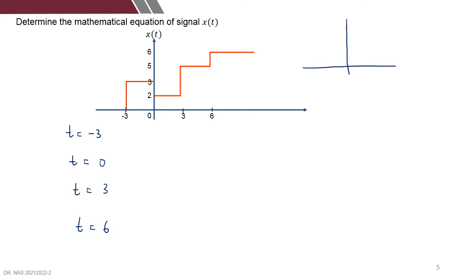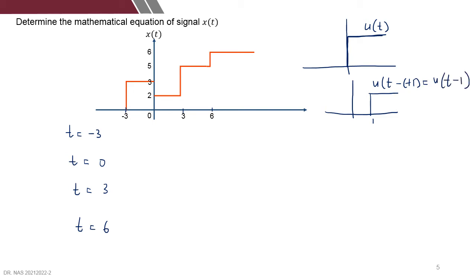When we have something like this, it is called the unit step function. When the signal is shifted to the left or to the right, for example to the right at 1, the equation becomes u(t minus 1).